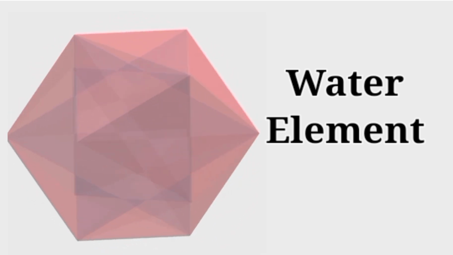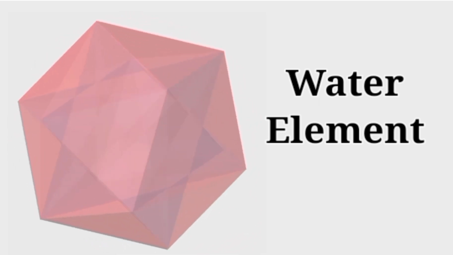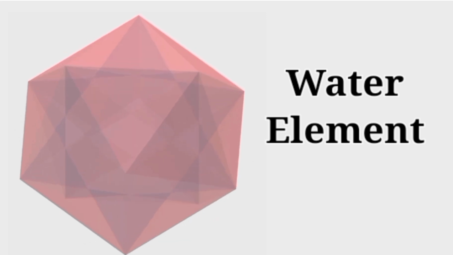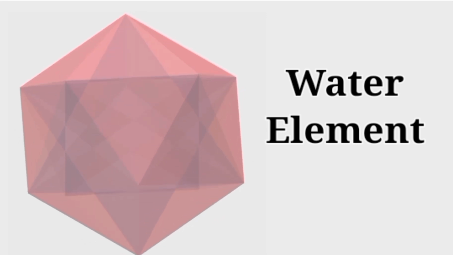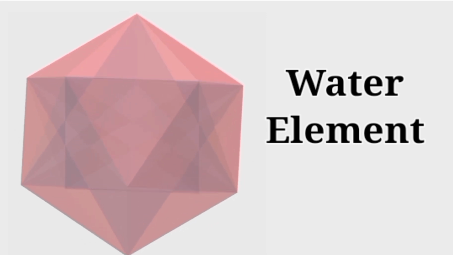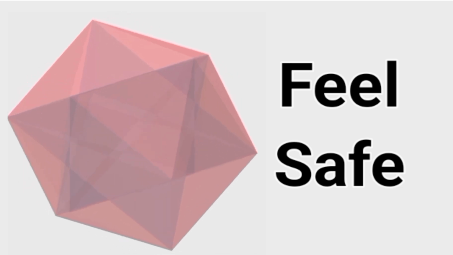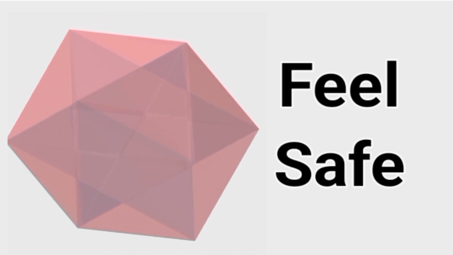Icosahedron connects your body with the water element and it is also an entry point to the spiritual realm. Visualization in icosahedron makes you feel safe. It is an immiscible part of Mahamrityunjay Yantra. You clearly see that Mahamrityunjay Yantra or Shiva Yantra contains the icosahedron.